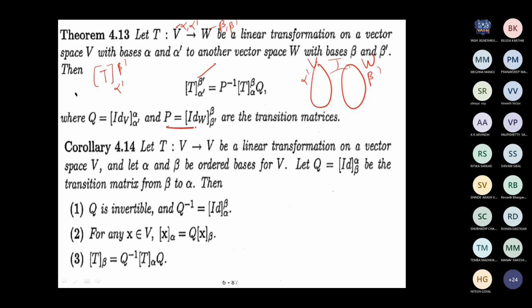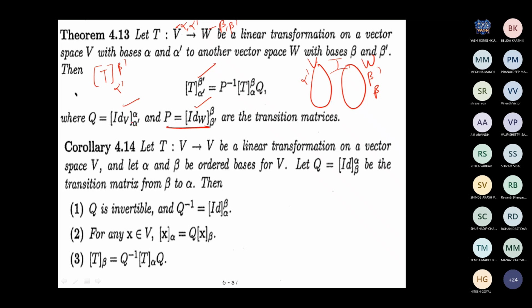See P. What is P? P is ID beta to beta dash. See, this vector space has two what? Bases, right? Beta and beta dash. So what is transition matrix when you move from beta to beta dash? That is your P. And Q is nothing but what?